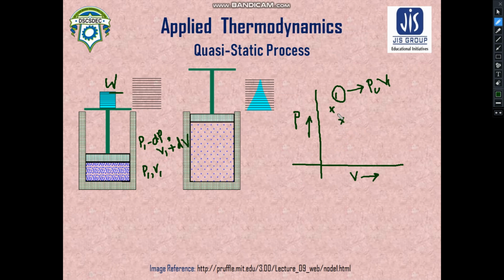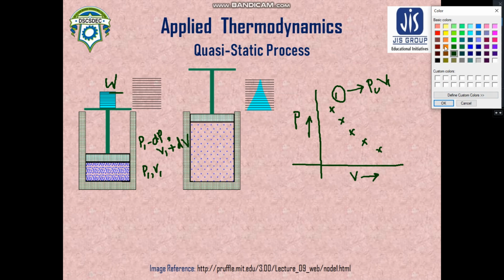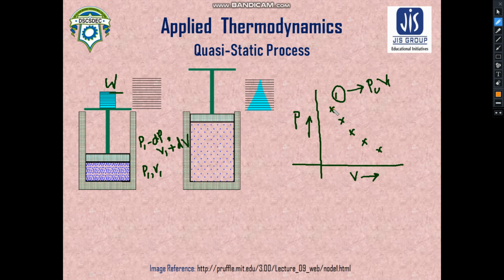As you can see, the pressure has been reduced here and the volume has been increased here. Similarly, if we go on removing these weights, we can plot a thermodynamic curve. If we join these individual points, then we shall generate a thermodynamic curve.